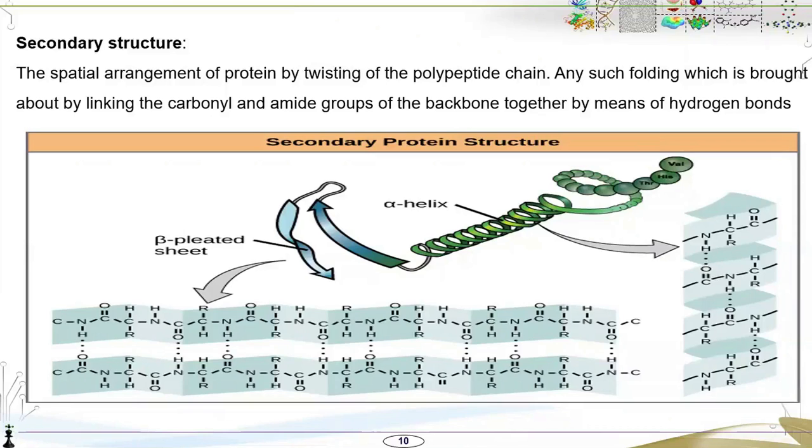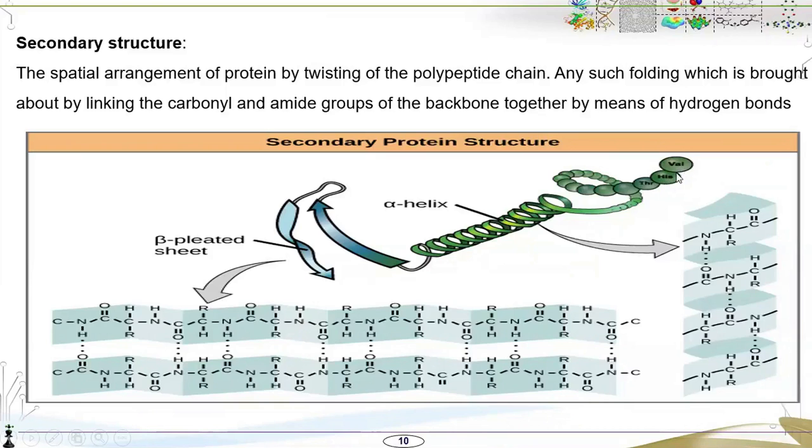So if you can see my slide, I got the cursor. Valine, histidine, tyrosine, like that.